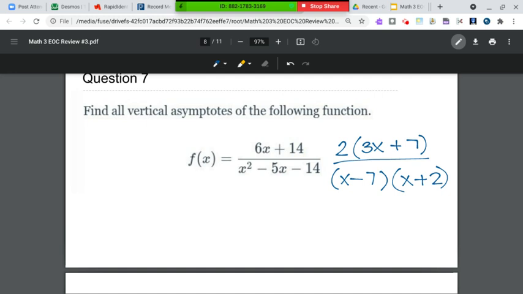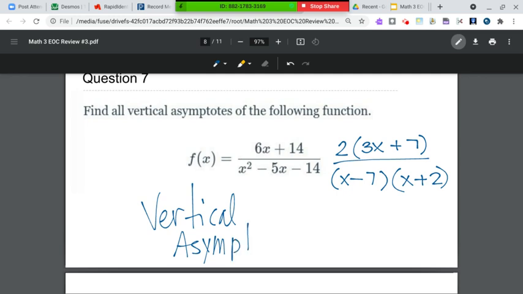The vertical asymptotes are whatever values of x make the denominator 0. What are your vertical asymptotes here? Perfect. x = 7, x = -2.